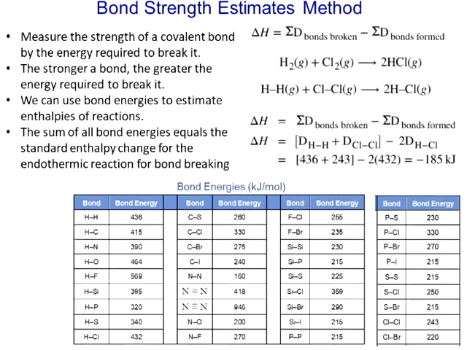So, for example, if you have hydrogen gas that dissociates to 2 atoms of H gas, monoatomic hydrogen, the D(H-H) equals your delta H, which equals 436 kilojoules. And those values are reported in standard tables.